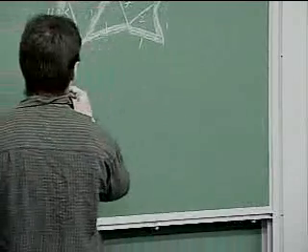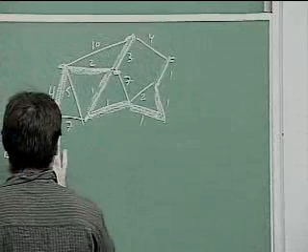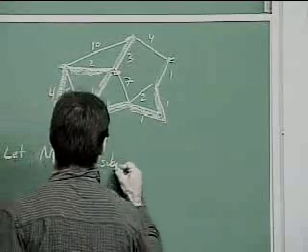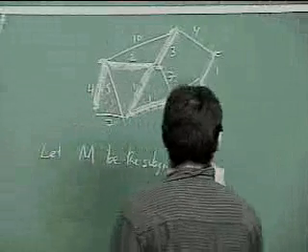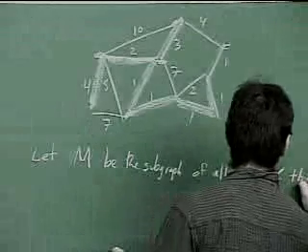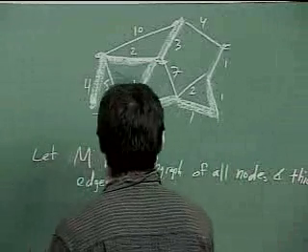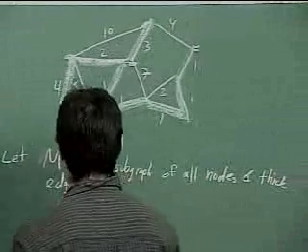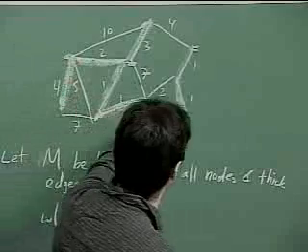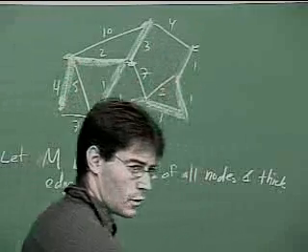So the thick edges, let's say M be the subgraph of all nodes and thick edges. Then the weight is what? 4 plus 2 is 6, 7, 8, 9, 10, 11, plus 3, 14, right?